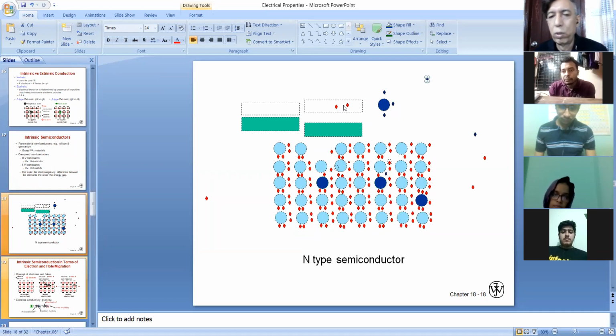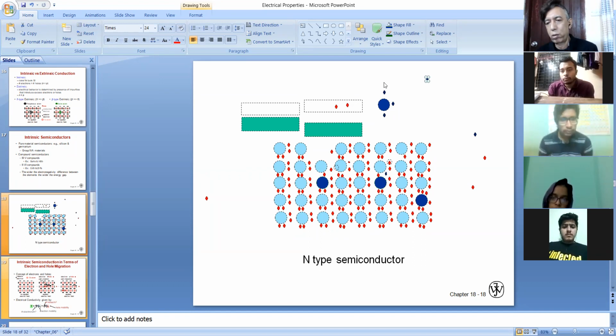Now, how many electrons are in the conduction band? Can anyone tell me? Two electrons. And how many holes are in the valence band?